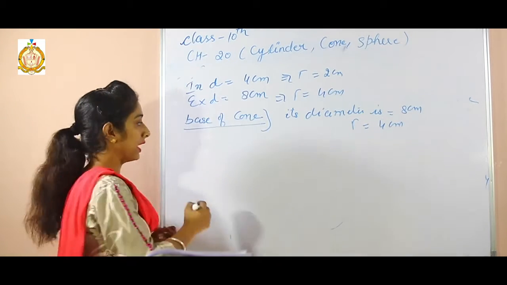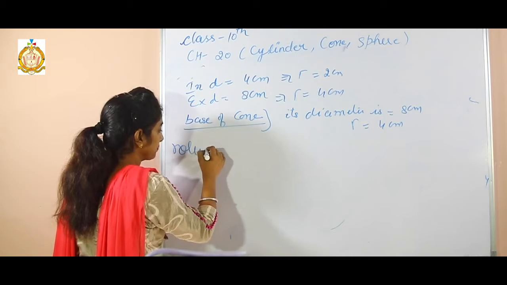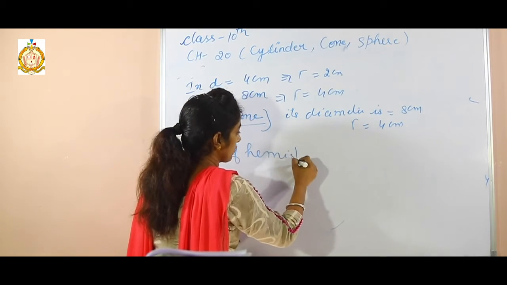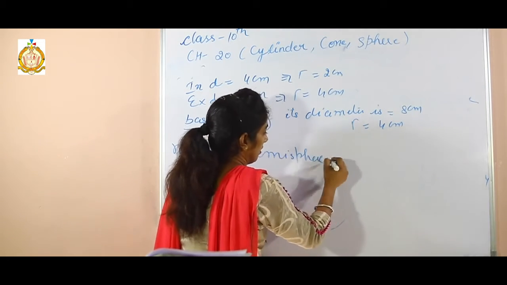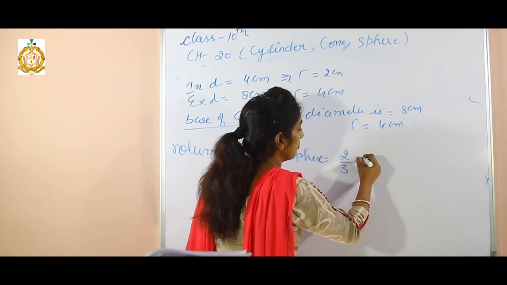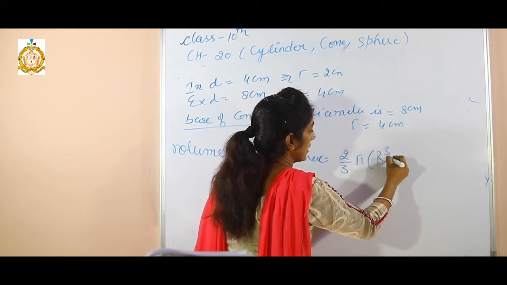Now first of all we have to find the volume. The volume of a hemisphere is 2 by 3 pi r cube.